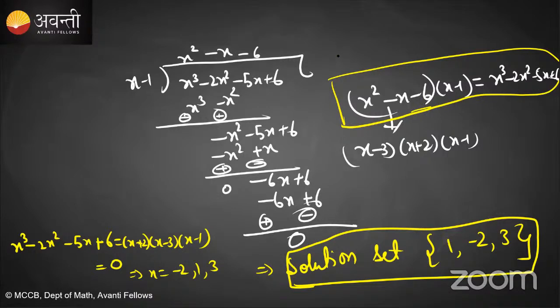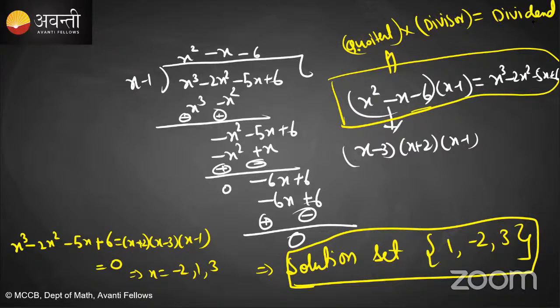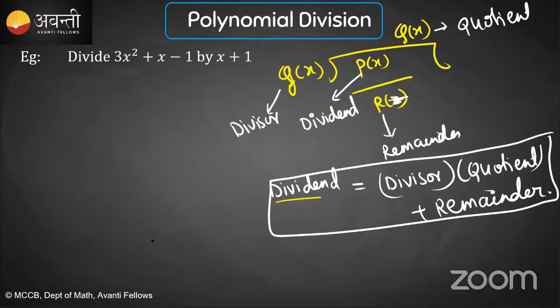This is nothing but quotient into divisor is equal to dividend. Is it clear? We have already seen this thing, right? You must have studied it in class 6, 7, 8, right? Very basic thing. Yes or no?